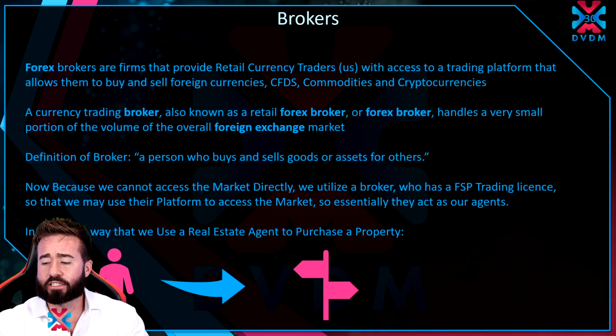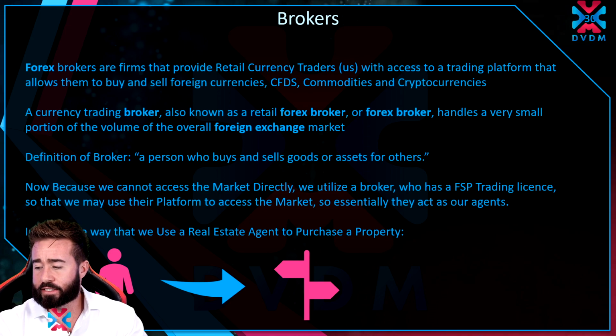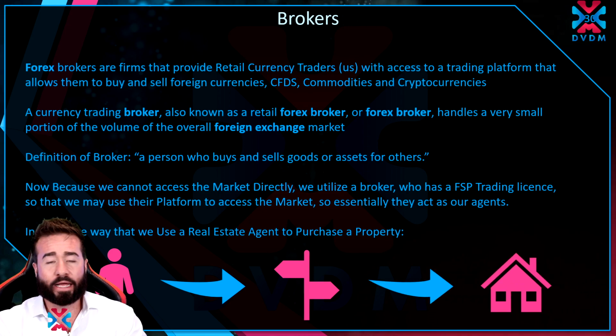So in a real estate transaction, we would go to real estate agents, they would find us a home, and they would act as the middleman. They would sell us the home for a commission, right? And in this particular way, there is no bias, there is no conflict of interest.